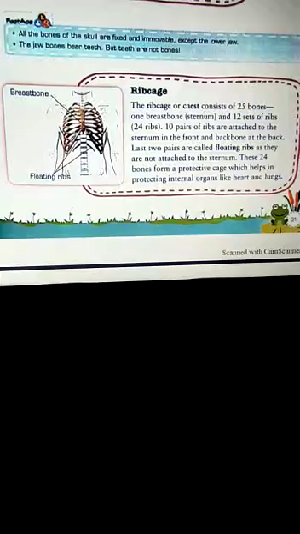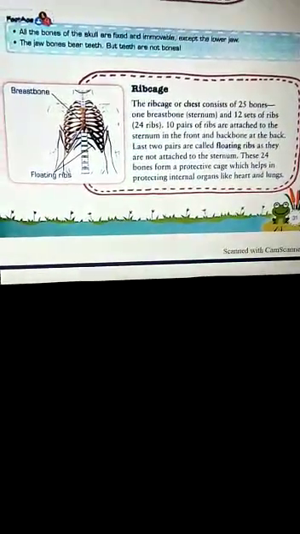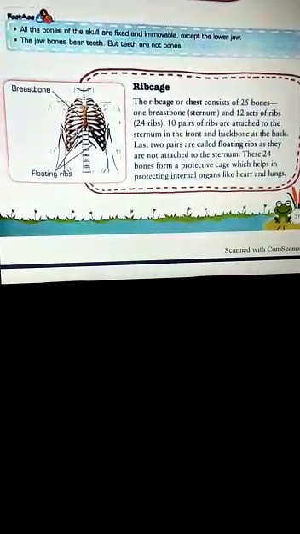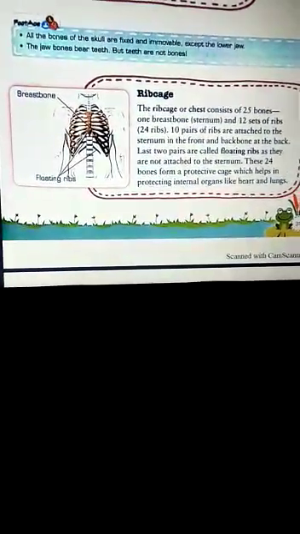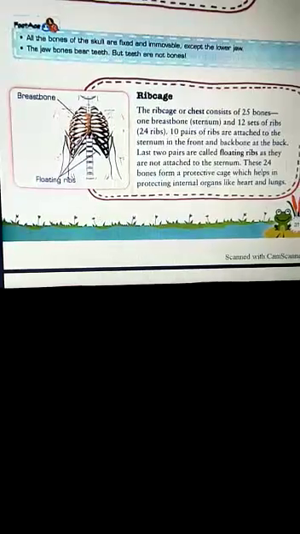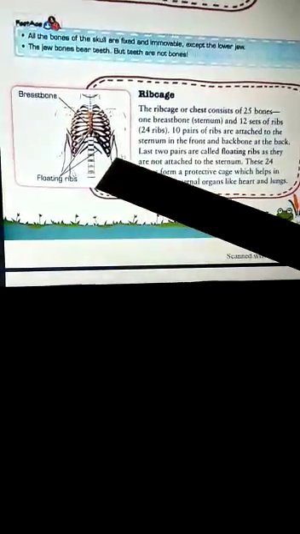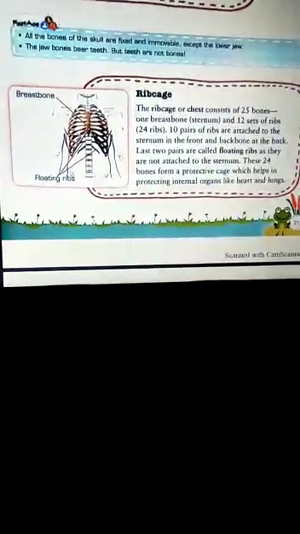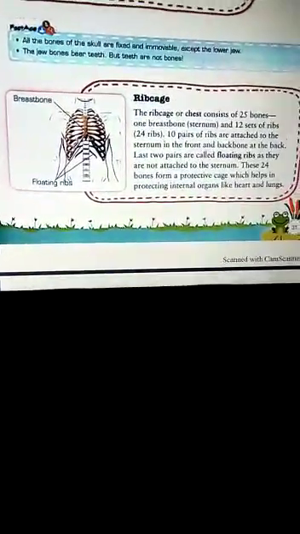Now, after the skull, we must know about the rib cage. You can see the picture of this rib cage. This is the breastbone, and these are the floating ribs. I will tell you what the floating ribs are. The rib cage is made up of 12 pairs of bow-shaped bones.